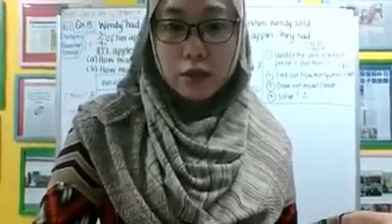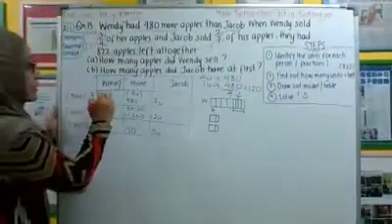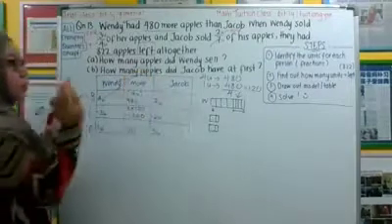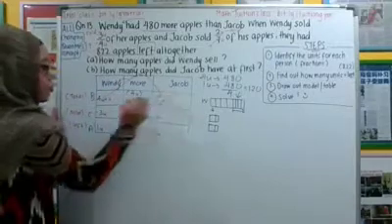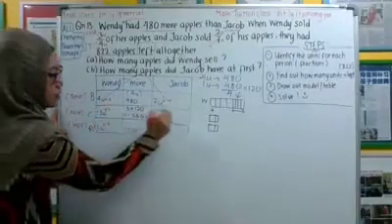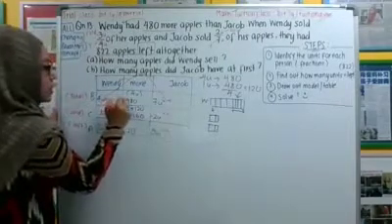Alright, so I have to make the before the same. What the same? This 4 and this 7 to be equal. This one times 7, this one times 4. This one times 7 times 4, times 4. This will give me 28 units.